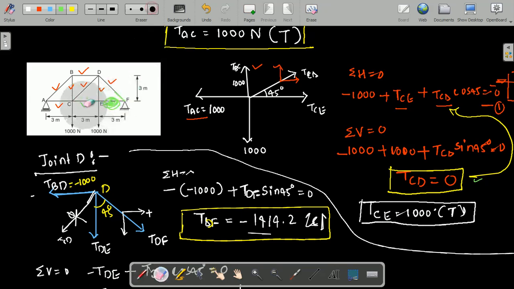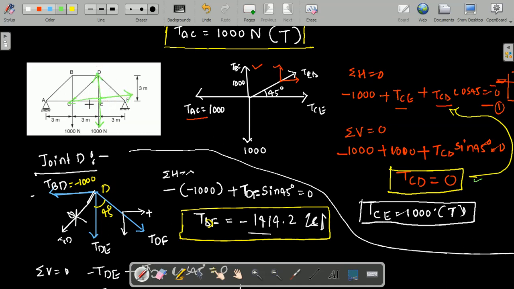In order to find out that member, either I can consider joint F or joint E. Just observe, I will write the joint E free body diagram. If you are considering joint E, one force is acting 1000 downward, another force TCE, and another TDE, and another TEF.